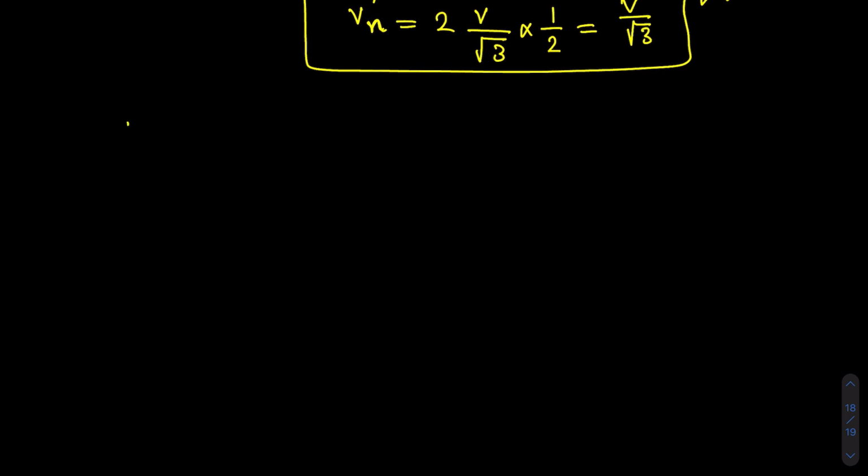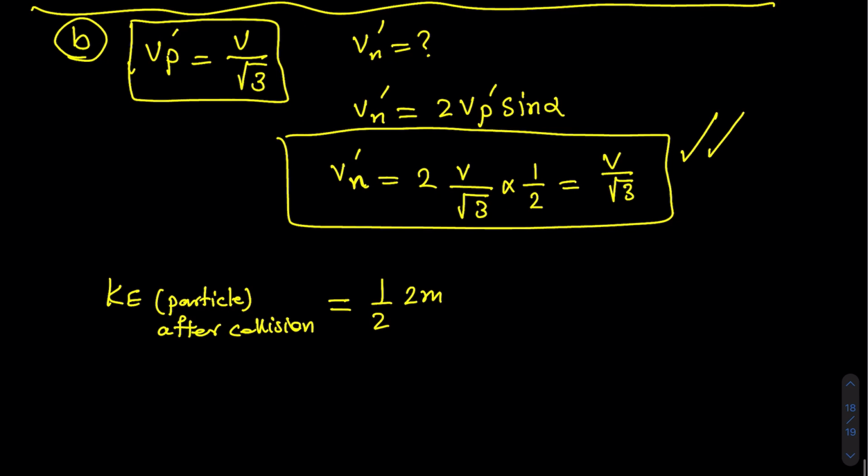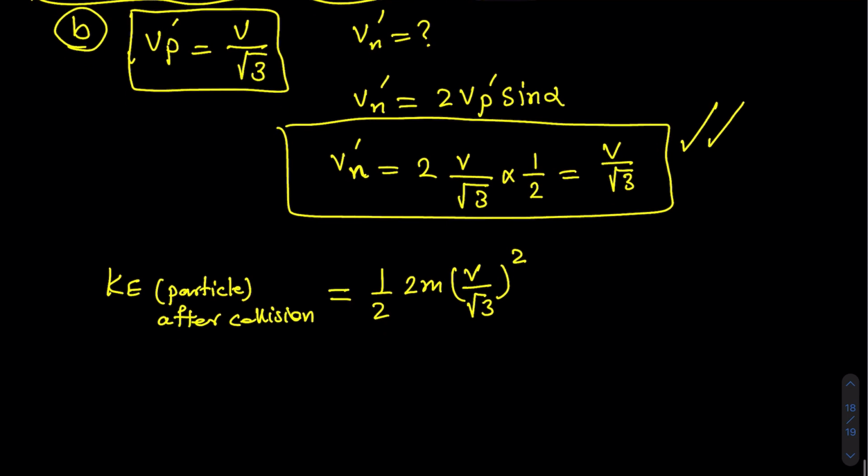So let's say kinetic energy of particle after collision is equal to a half of mass, which is 2m, and the velocity of the particle after collision is, here we go, V over square root of 3, squared, which will be equal to m times v squared divided by 3.